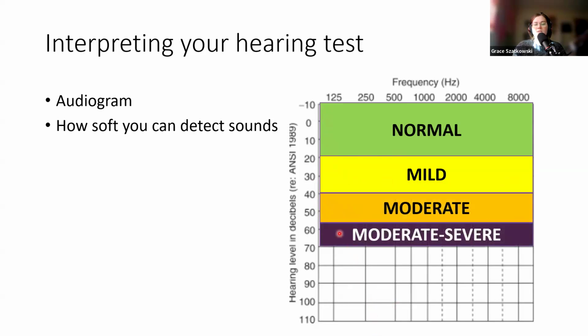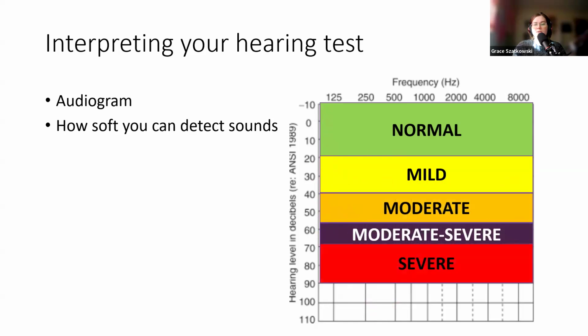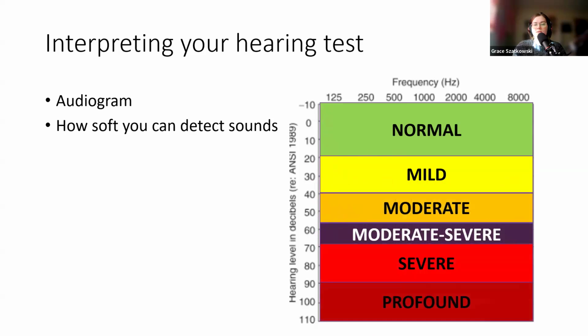And then you can see as we go further down, the categories get more and more severe. And so this is how we classify hearing loss based on level or loudness of how soft the listener can perceive tones from low pitches to high pitches.